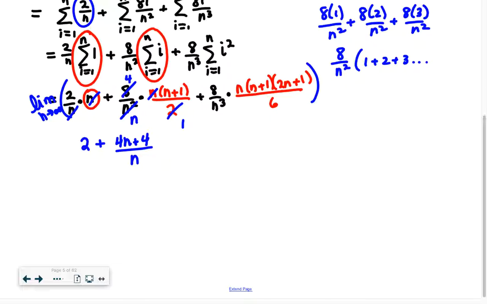So I distributed my 4n plus 4. I can start reducing out the other stuff. So my 8 and my 6 reduce out to 4 and 3. One of my n's reduces out, so I have an n squared on the bottom. But I got to FOIL out that top. So I'm going to have 4, and then as I start FOILing, I get 2n squared plus 3n plus 1 all over 3n squared.